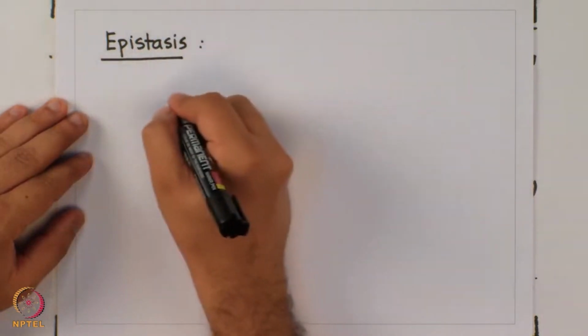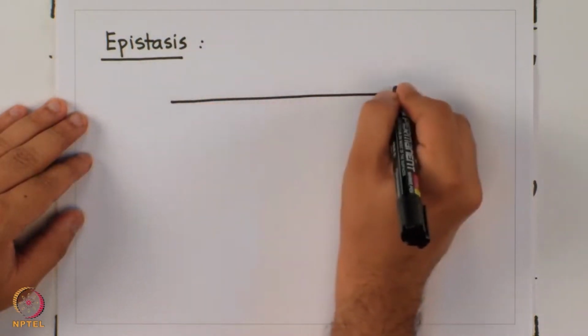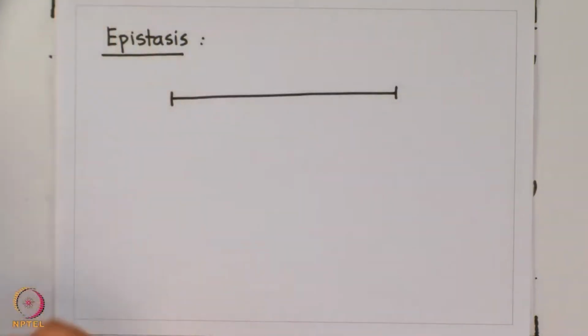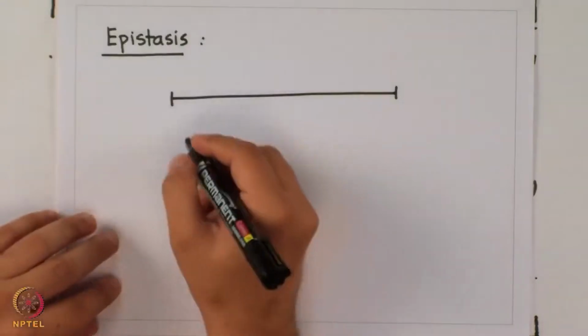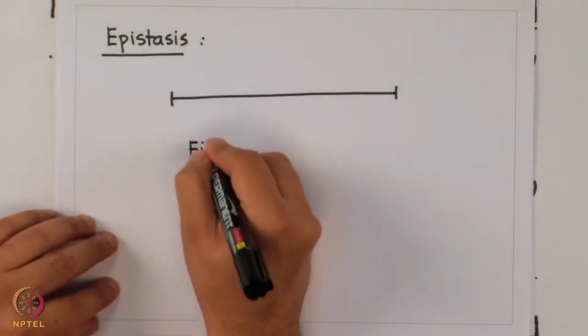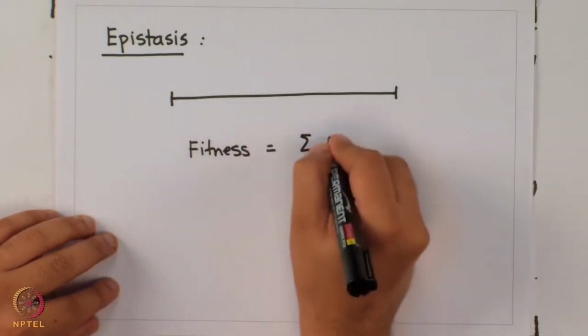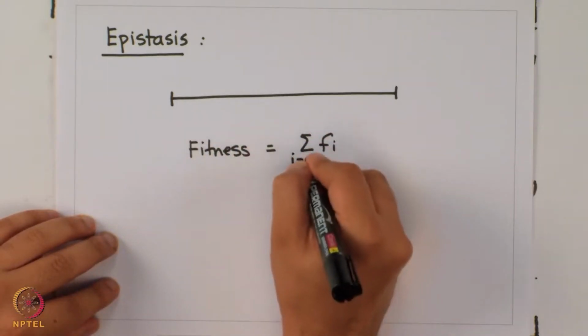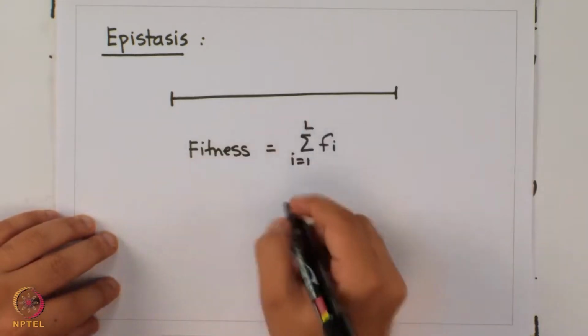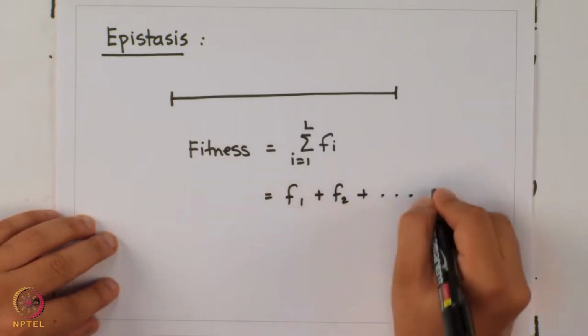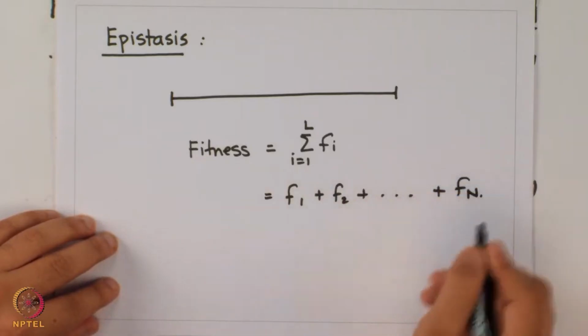Very often when you are experimentally trying to determine DNA or protein fitness landscapes, you will notice that, so the NK model will say that fitness for a particular sequence is the sum of Fi, i going from 1 to n, and this will play out to F1 plus F2 going all the way up to Fn.